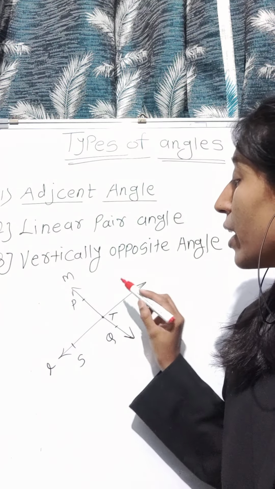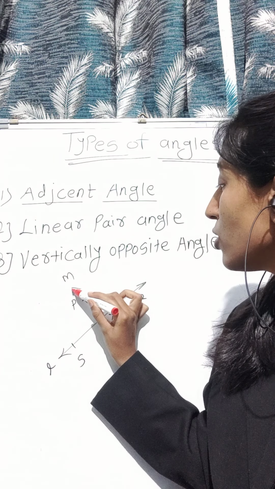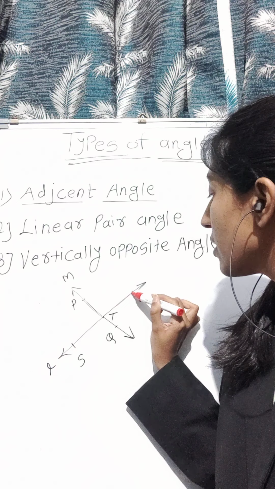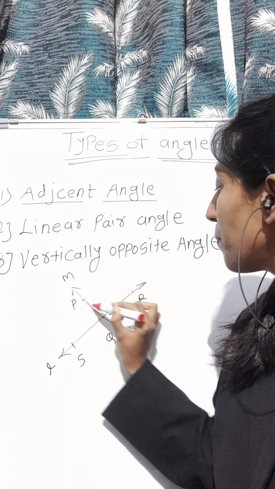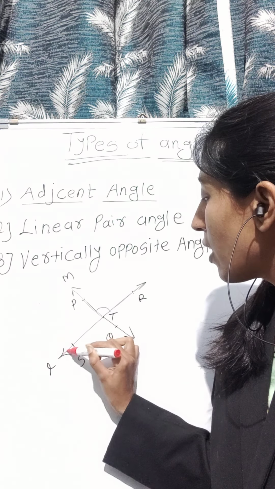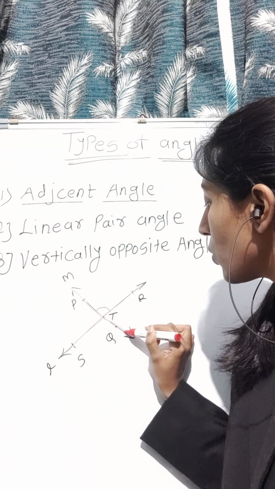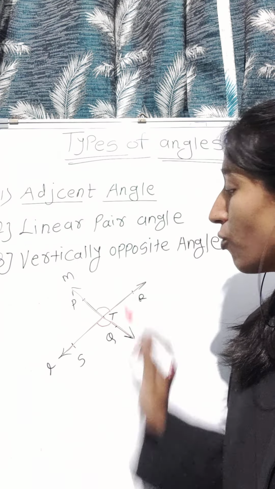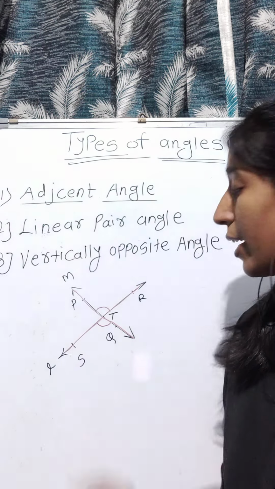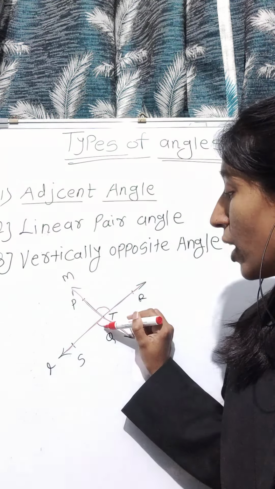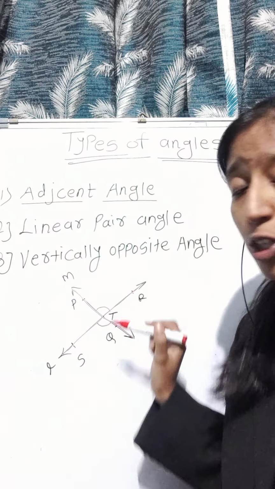Here vertically opposite angles are angles formed by two intersecting lines, such that angle PTR and angle STQ are one pair of vertically opposite angles. It means these are opposite angles to each other. And how are they forming? By intersecting two lines.